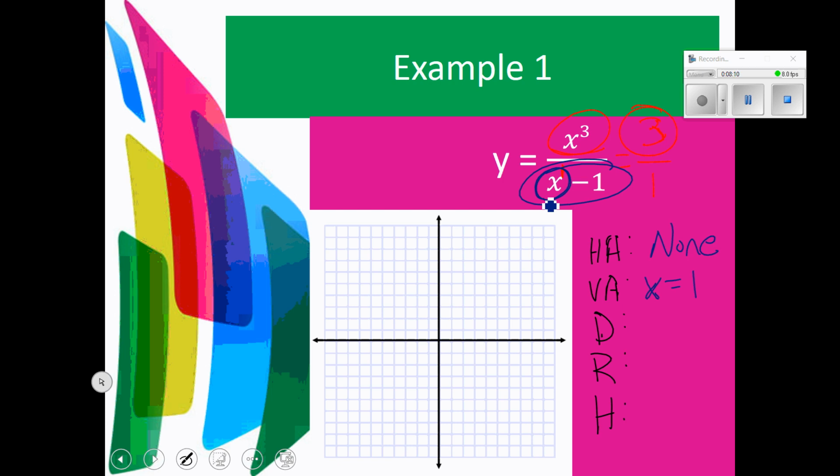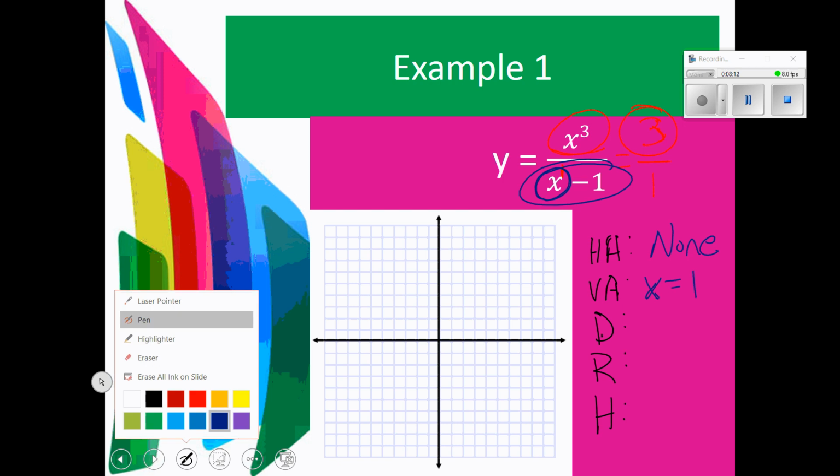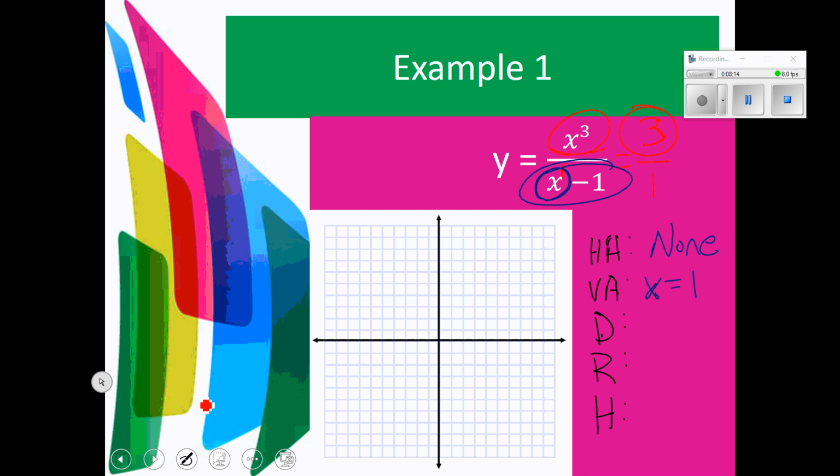That's going to be undefined. So in my red, right here at x equals 1, I'm going to do a little dashed line. And that's going to be your vertical asymptote.